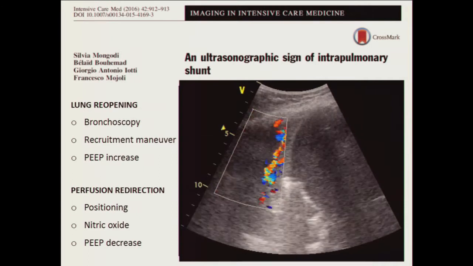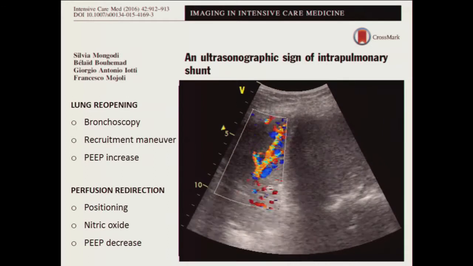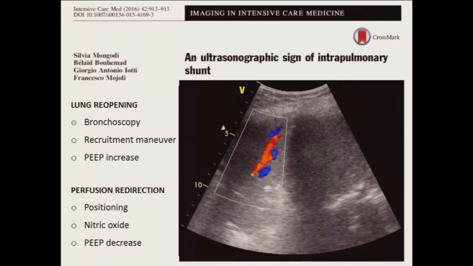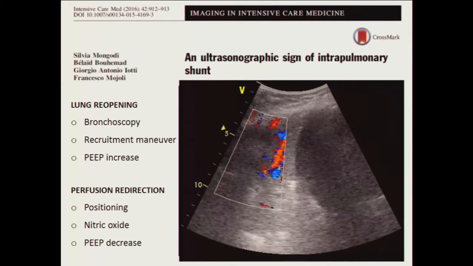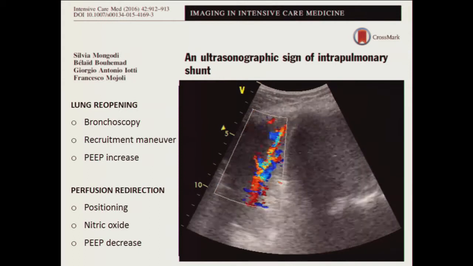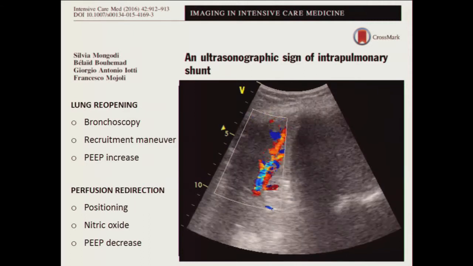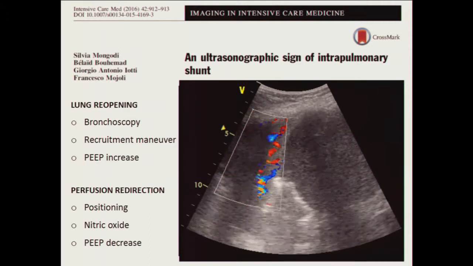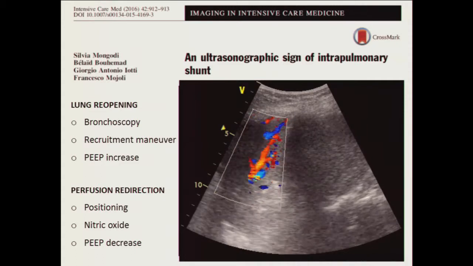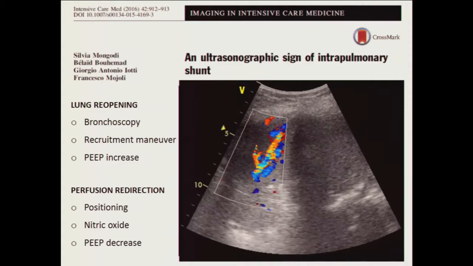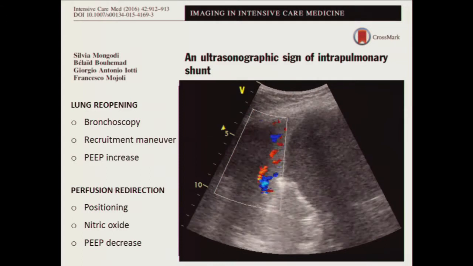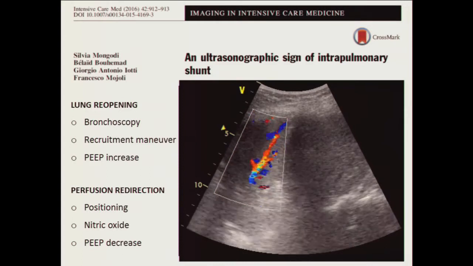I think that this is the ultrasound definition of shunt. You have a completely non-aerated lung region with a perfect perfusion. So when you see something like this, you have to react to this, maybe trying to reopen the lung or redirect this flow elsewhere.